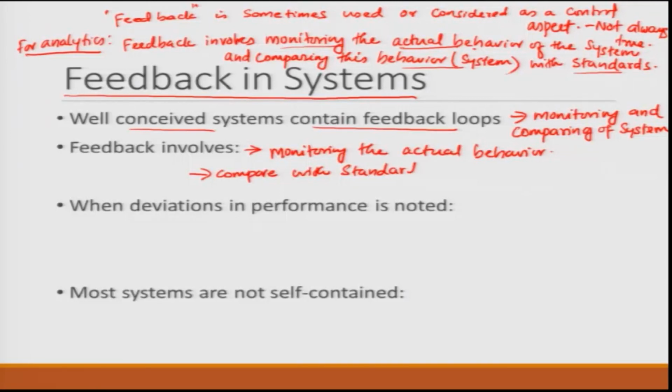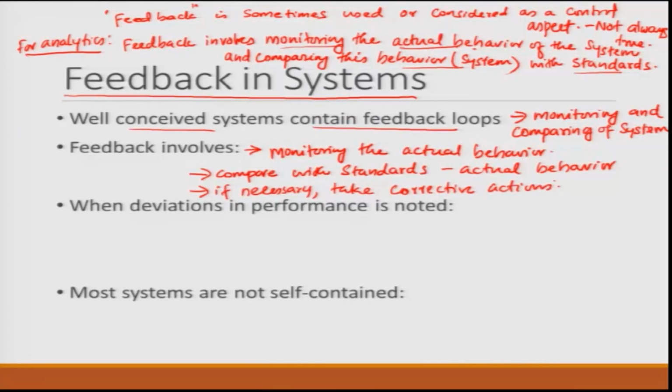Then, if necessary, take corrective actions. Sometimes taking corrective actions falls under the realm of controlling the system, and hence sometimes people say feedback is also another way of controlling the system, which in some cases is true, but it is not always true. Okay. Remember that.